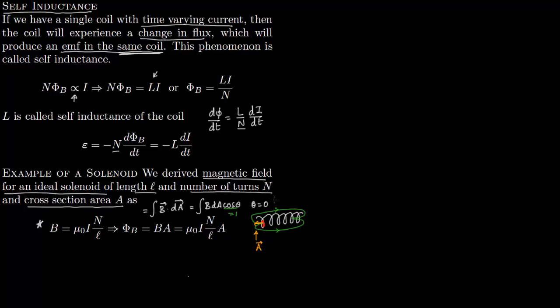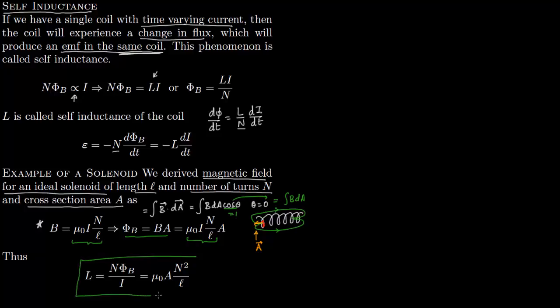This expression now becomes equal to the integral of B dA. B is a constant, so this becomes B times A. This is how you get flux as B times A. You plug in the value of B right here, and L you copy down from here. L is equal to N phi B divided by I. So you plug in the value of B here and you get the formula for self-inductance of a solenoid.